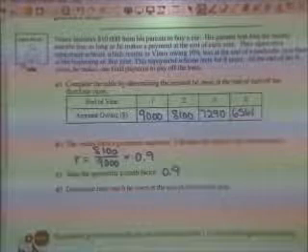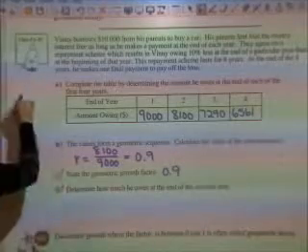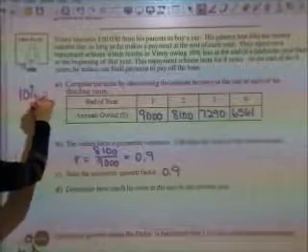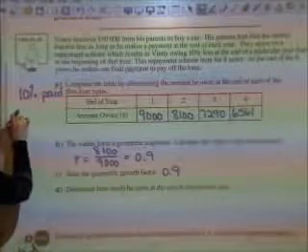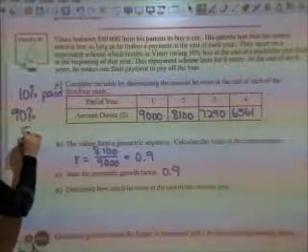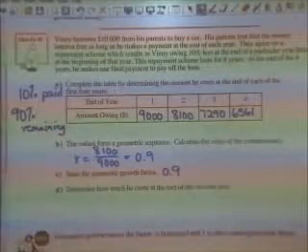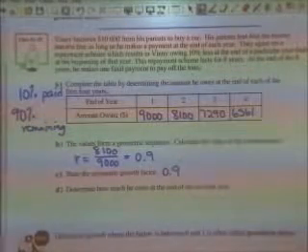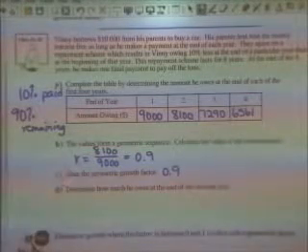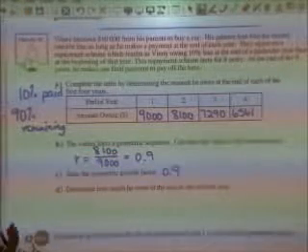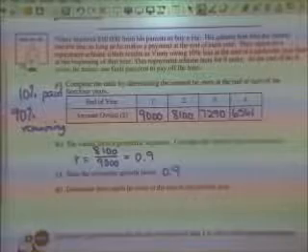How does 0.9 fit into the context of this question? 10% off the 100. If it's 10% paid, that means that there's 90% remaining. So when I have a growth factor, I add it to 100%. When I have a decay factor, I'm subtracting it from 100%.